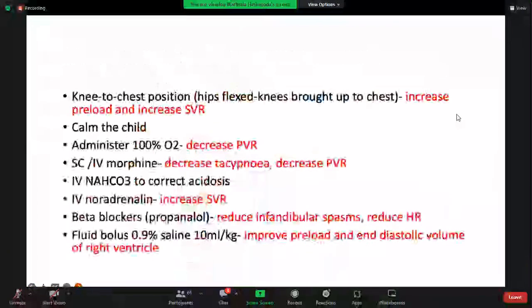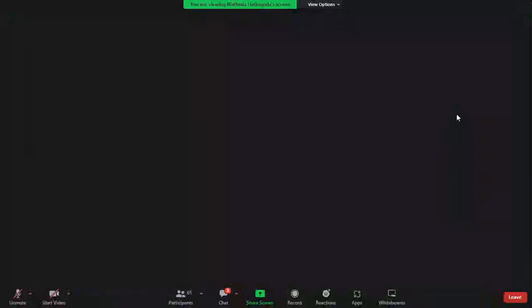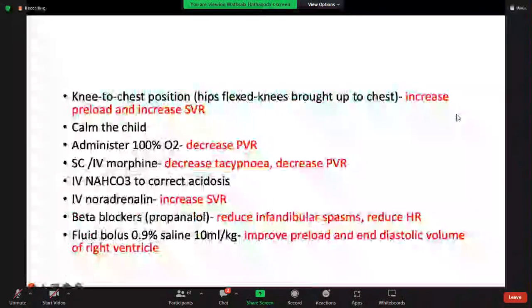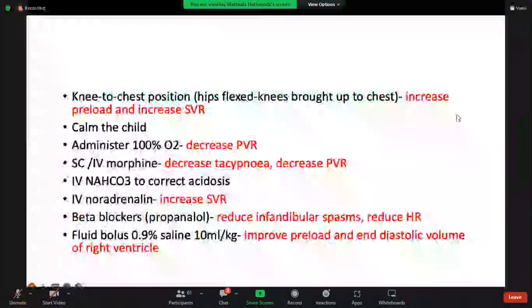By constricting the peripheral vasculature, you are increasing the pressures on the left side, so it will reduce the shunt. And the other thing is you can give a beta blocker like propranolol, so it will reduce the infundibular spasms in the pulmonary area. And then you can again give a fluid bolus to improve preload. So these are the basic management steps for hypercyanotic spells. And I have bolded the theory behind using these steps.